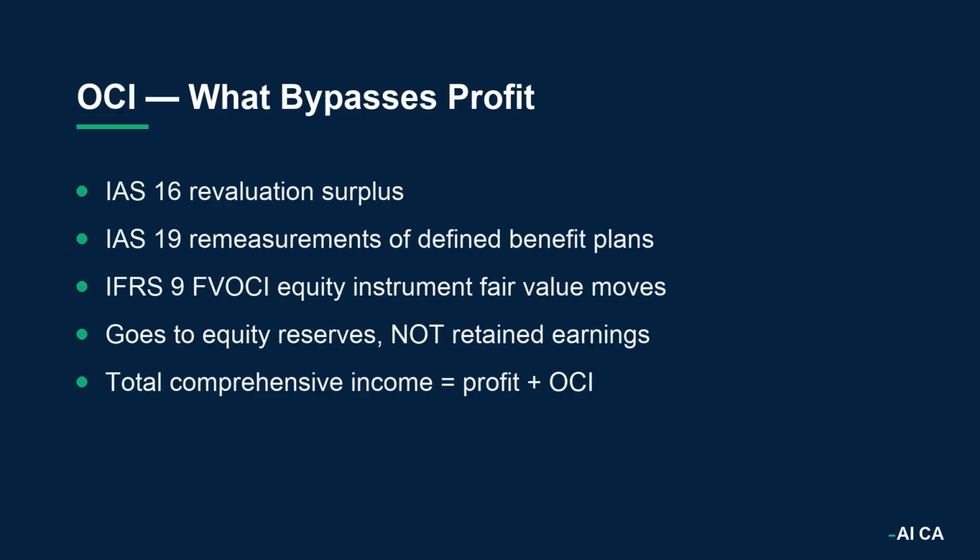So retained earnings receives only the profit or loss line, not the full OCI amount. Mixing these up is one of the most common errors in practice.